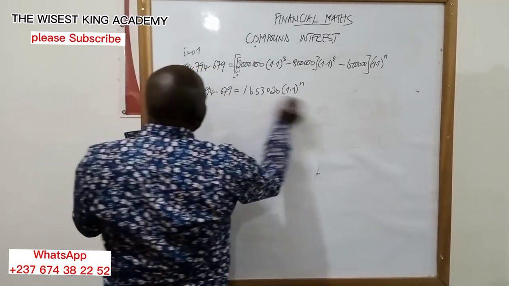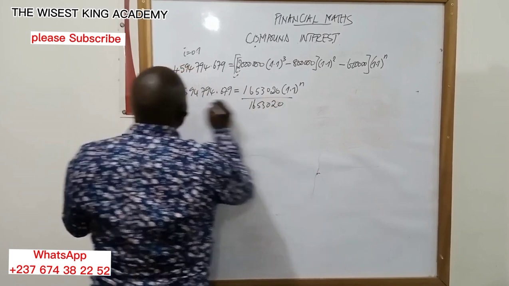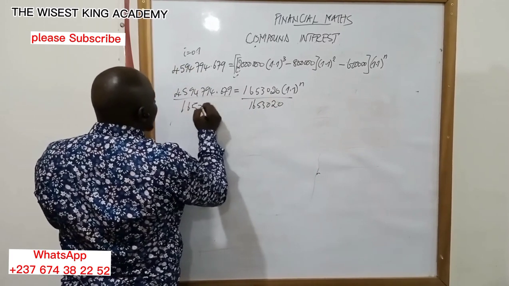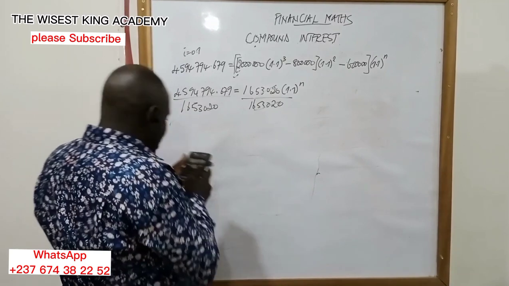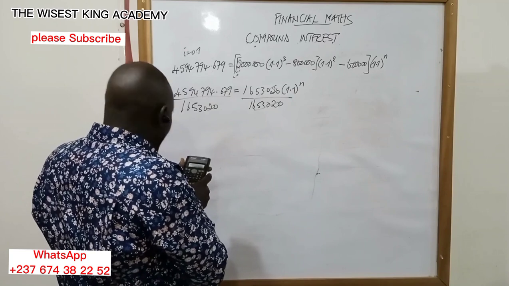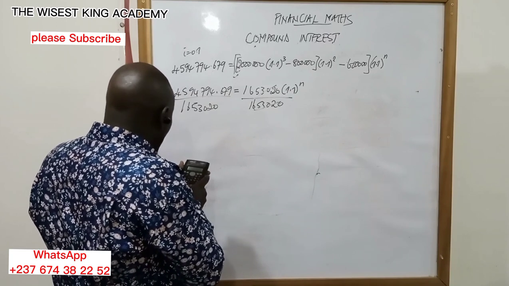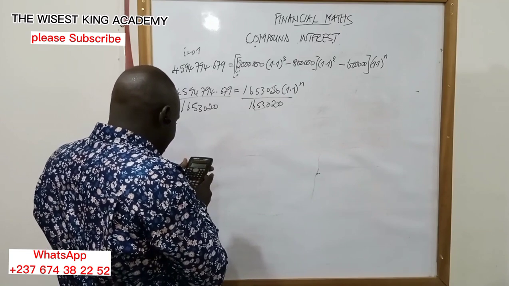At this junction, you simply divide both sides by 1,653,020. If I do that, what am I going to have? So let me take 4,594,794.679 divided by my answer.